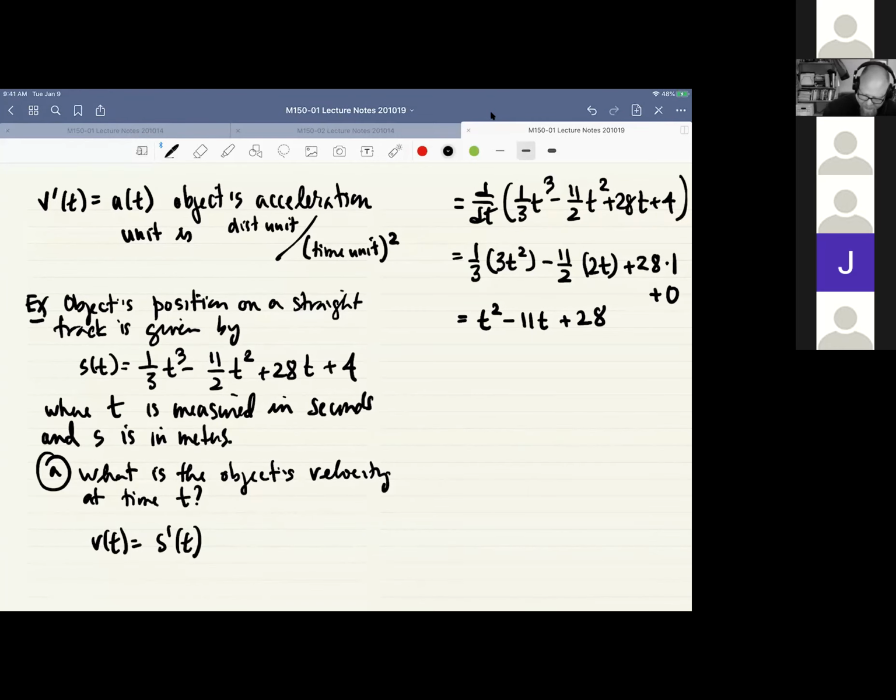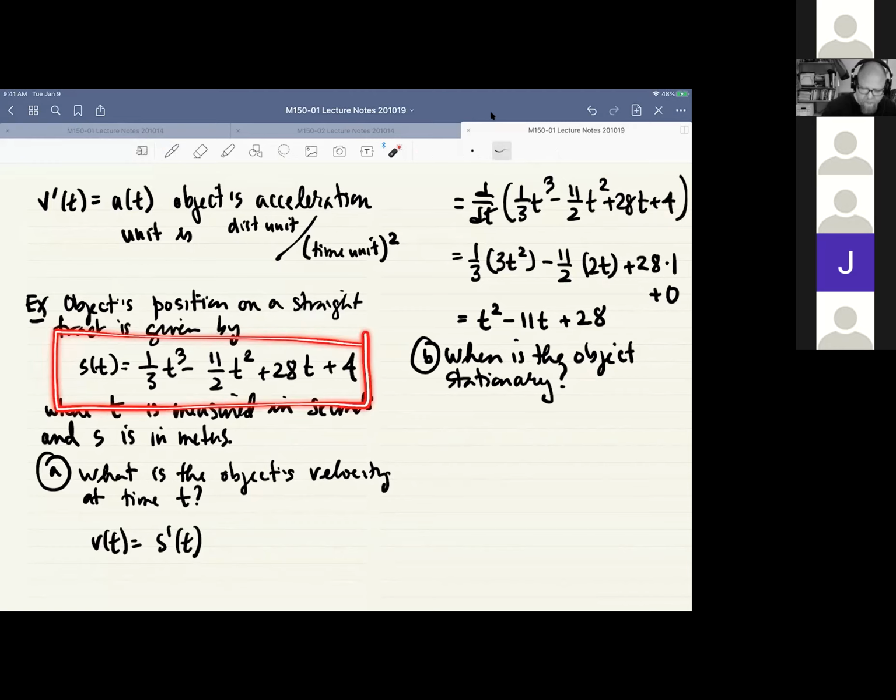Another question that we could ask would be this: when is the object stationary? While you could say that this function suggests my object is always changing position, so it's never stationary, that's an oversimplification.